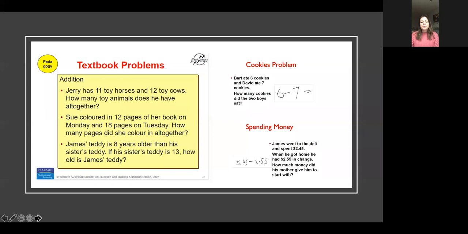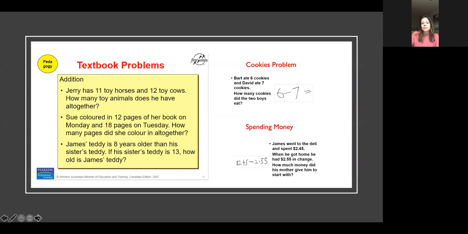All right, so I always ask my teachers to have a look at this, analyze the textbook problems, and what is actually the problem here with these textbook problems.